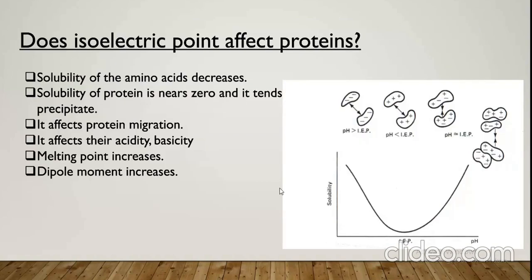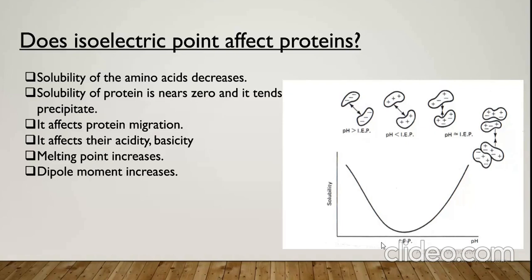Now coming to the next, does the isoelectric point affect protein? Yes. Solubility of amino acid decreases at the isoelectric point because at this point there is no interaction between the molecules of protein and water, and solubility tends to zero, and it becomes like a precipitate.